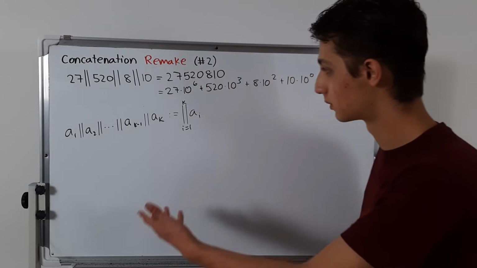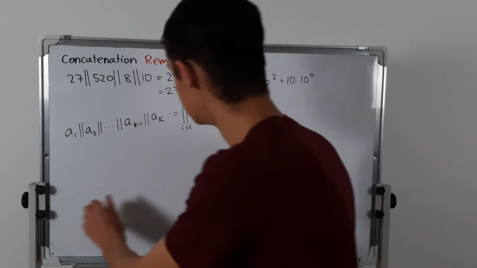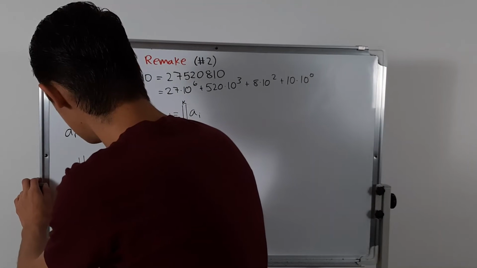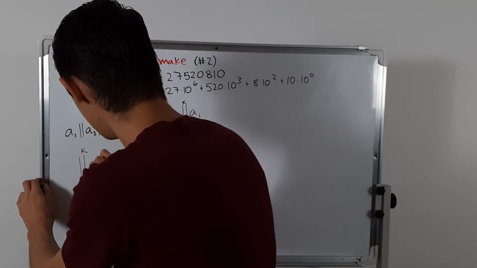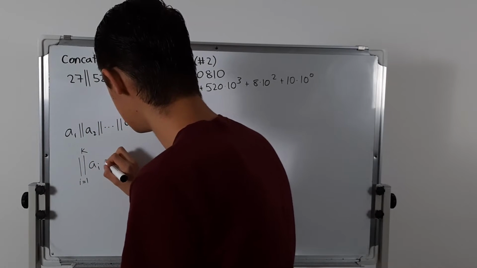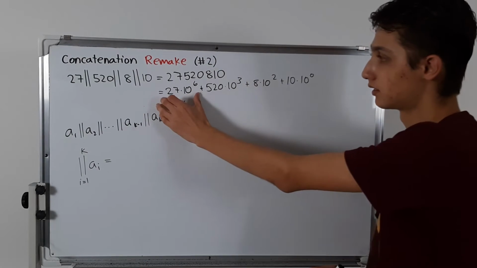So we're going to develop an expression here. I'm going to put it down here, so that the concatenation for i equals 1 to k of A sub i is going to be equal to, well, first off, we're taking a sum.